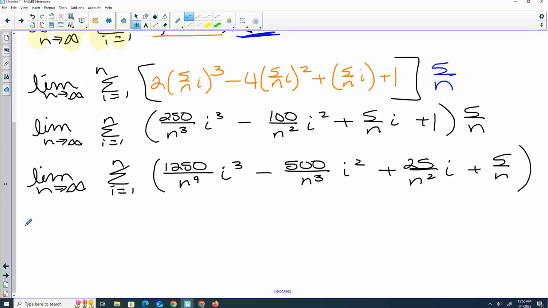Now I'm going to do my summation rule. So my sum goes away. 1,250 over n to the 4th. Then the i cubed formula is n squared times n plus 1 squared over 4.